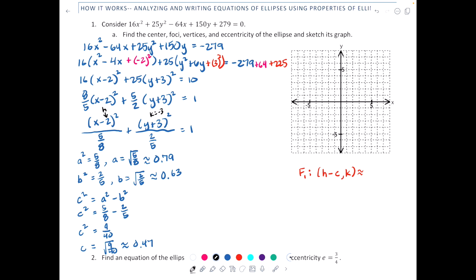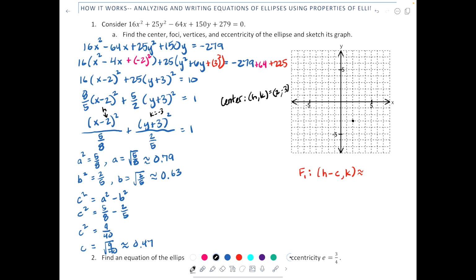You'll have to flip the sign. So let's graph that. We'll write that in. Center HK equals 2, -3. All right, so 2 and then 1, 2, 3 down gets us our center.